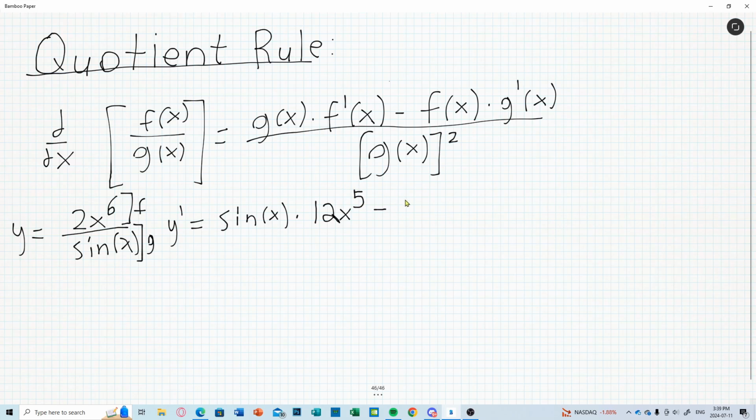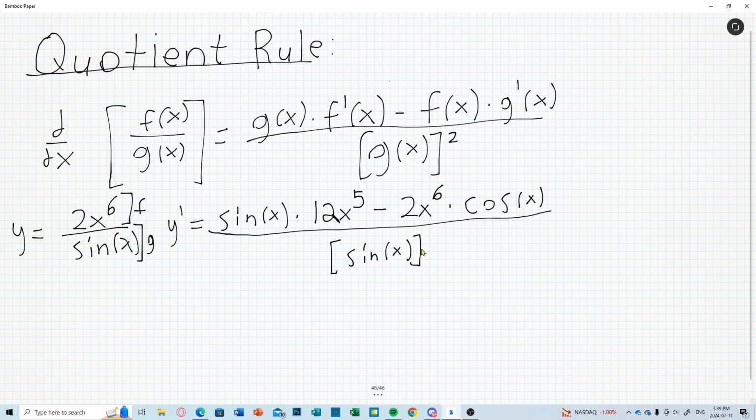Now we subtract regular f, which is 2x to the 6, and multiply it by the derivative of g, which is going to be cos of x. We divide this all by g of x squared, which is going to be sine of x squared.